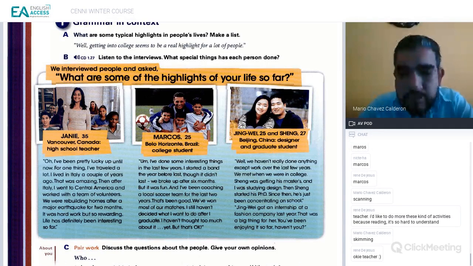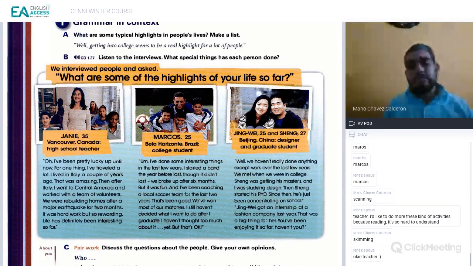Okay, great. Any doubt or question about these three paragraphs? No doubts or questions? You have doubts? We're going to get going.